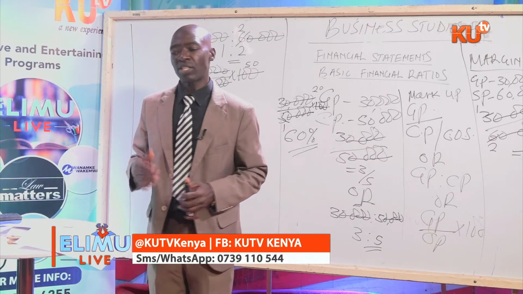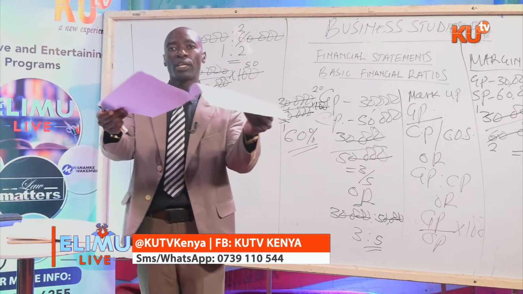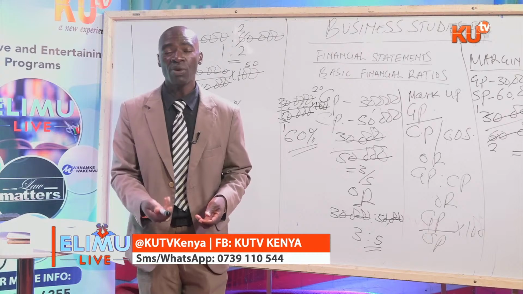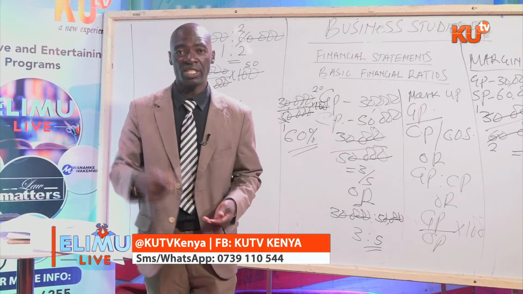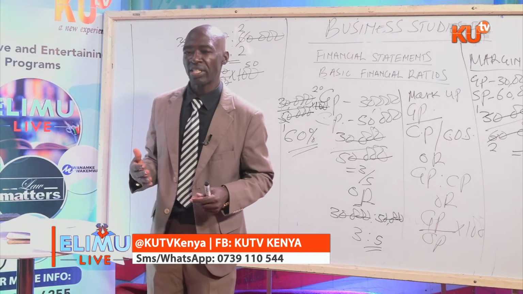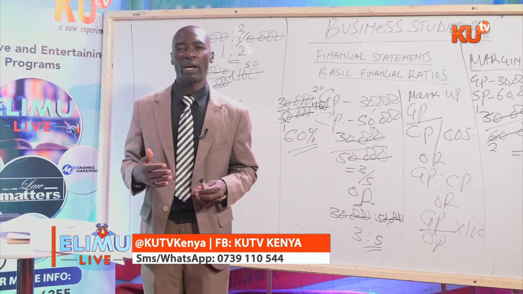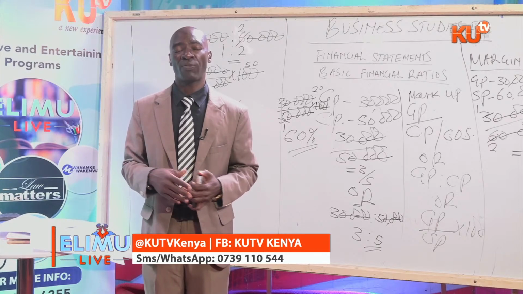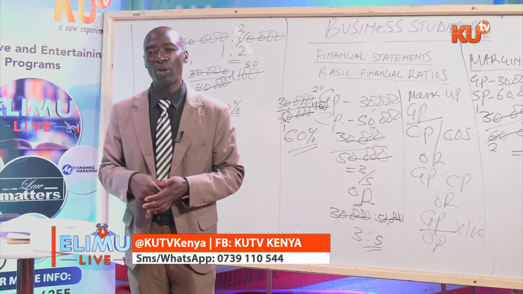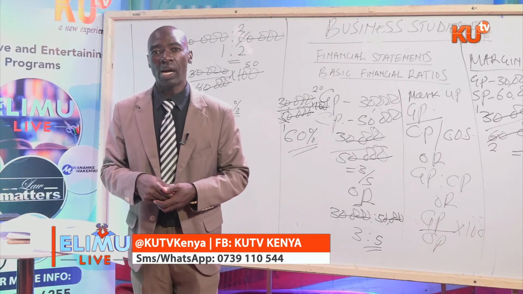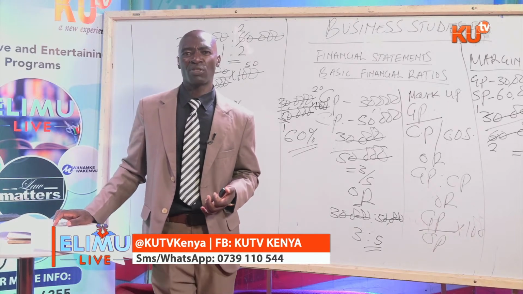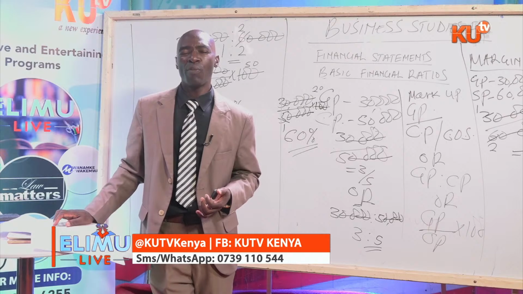Stationery. You buy stationery today, you use it, it's over. You buy stationery right now, after a few hours it's finished. So current assets are those properties to an organization that do not last longer, especially about 1 year. Now, where do we place domestic animals and birds?